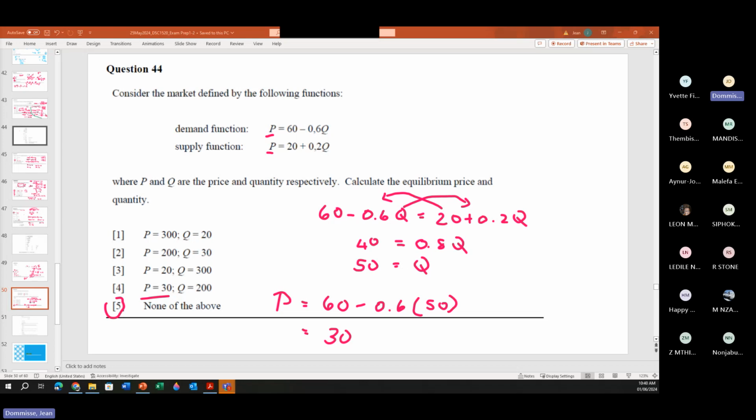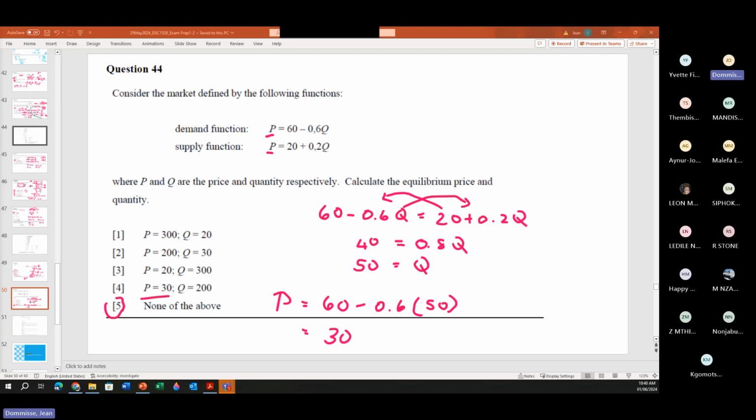I think that has at least now disappeared from pre-COVID to post-COVID. Okay, so none of the above will not be in this anymore.